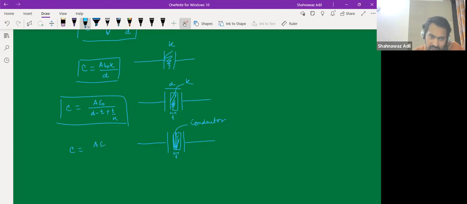This was A epsilon naught by d minus t, because the K value or dielectric constant for a conductor or a metal is infinity, so t by K was zero. So this was what we got for the parallel plate capacitor, right, Aisha?